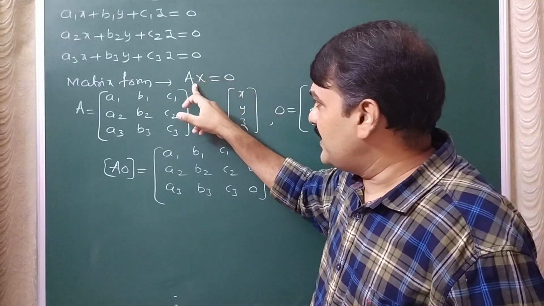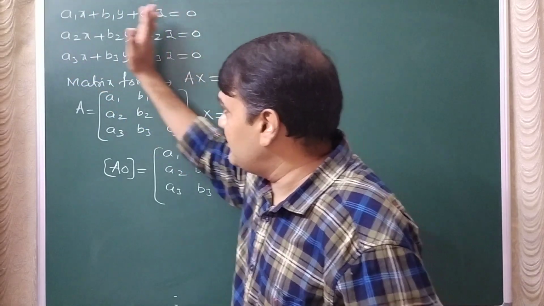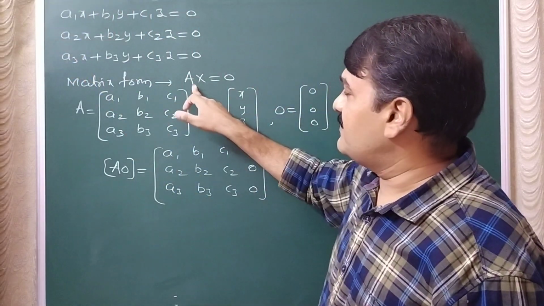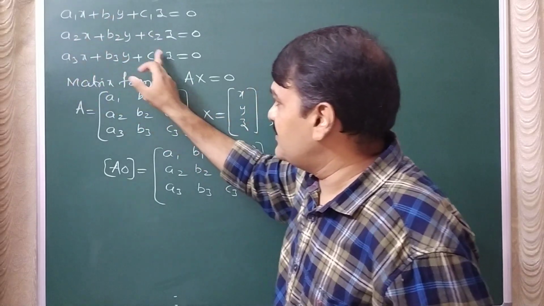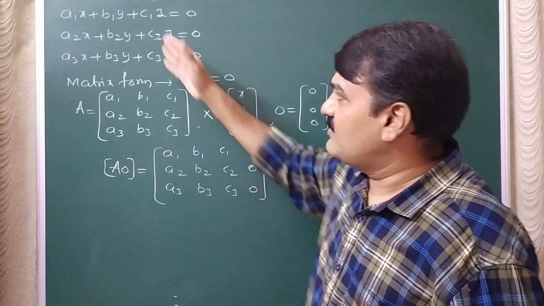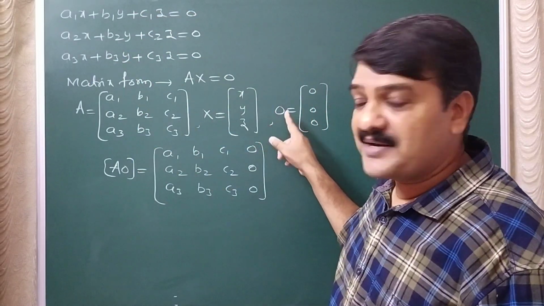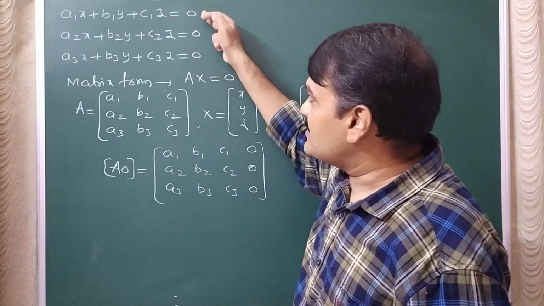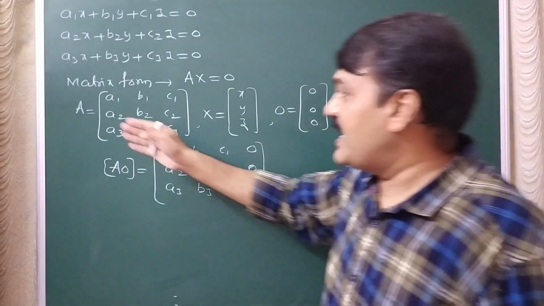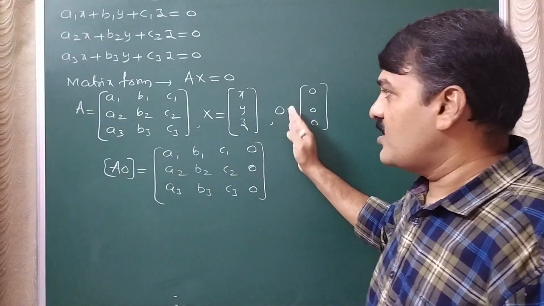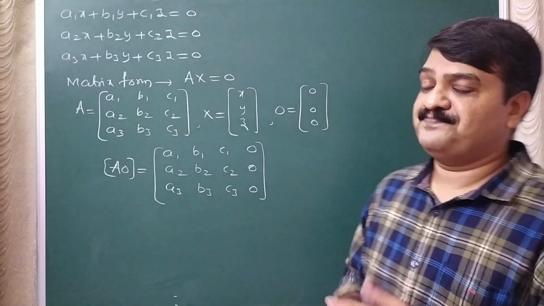A is the coefficient matrix, which contains the coefficients of the left side: a1, b1, c1, a2, b2, c2, a3, b3, c3. X is the variable matrix which contains the variables x, y, z. And 0 is the zero matrix which corresponds to the RHS zeros. When we combine A and this zero matrix, the augmented form [A|0] is written like this.